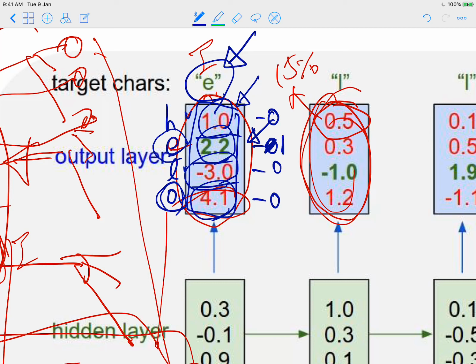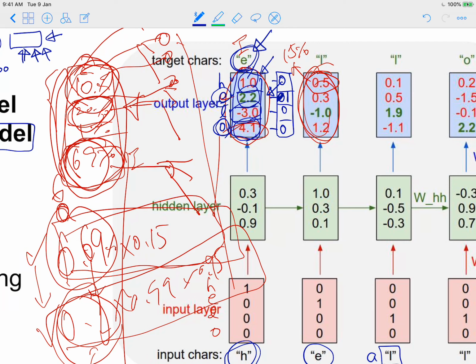Because our ground truth vector will be 0, 1, 0, 0, which is a one-hot vector indicating the character E, right? So we will just train based on this gradient, this layer and this layer and so on.